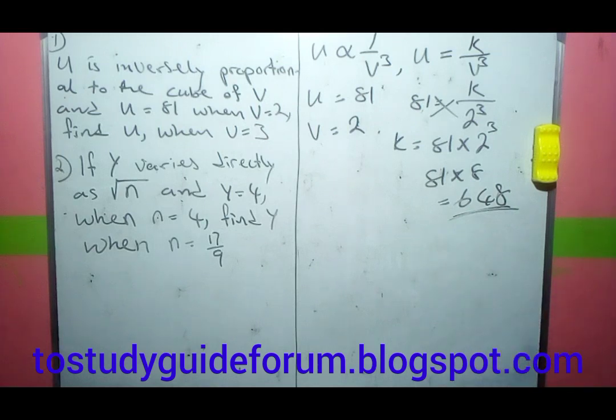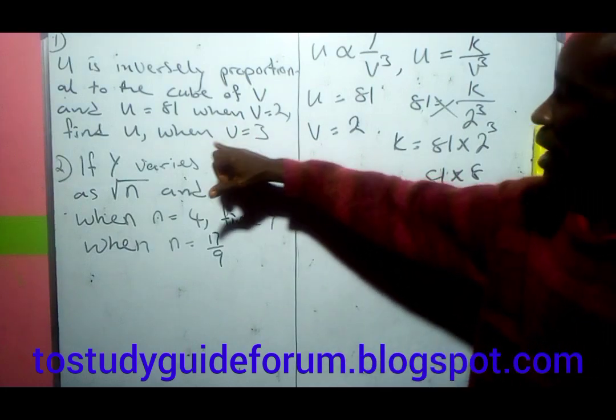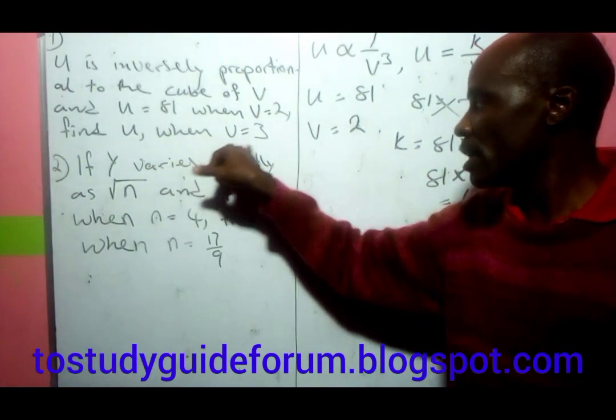Now to solve the second part, find U when V is 3.